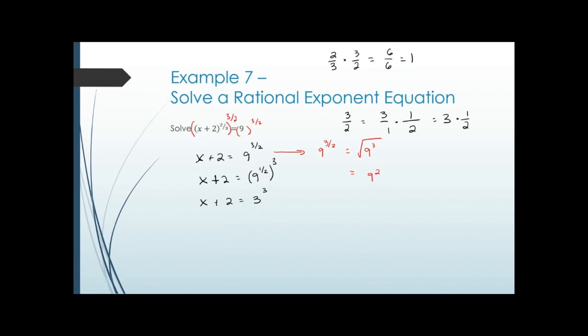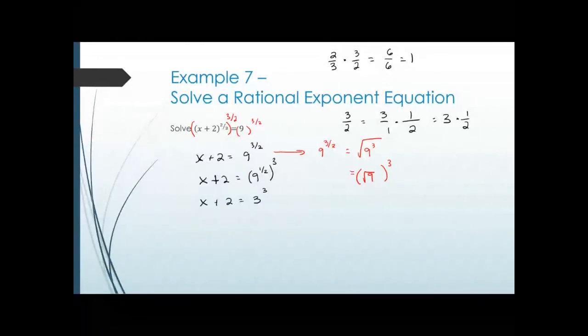You could do 9 squared, then the square root, and then cube it. That's essentially what I'm doing. I'm just writing it as a fraction exponent instead of the square root symbol. Either way, you'll get the same answer. I decided to do the square root first because it makes the number smaller, because 9 cubed is a giant number, and I'd rather cube something smaller.